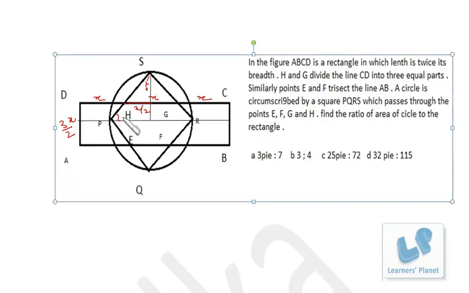Right? Now this angle is 45 degree and this triangle is similar to this triangle. That means this angle must also be 45 degree. Right? Now if it is 45 degree, this has to be 90 degree. If it is 45 degree, this will also be 45 degree. That means if it is x by 2, this length will also be x by 2. Right?